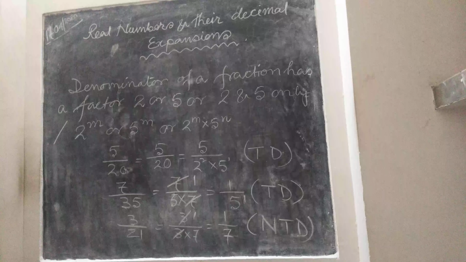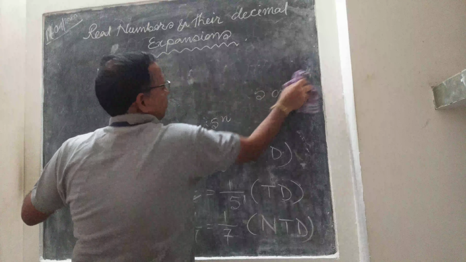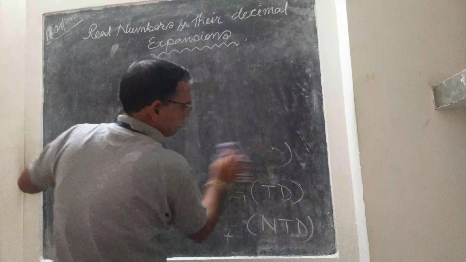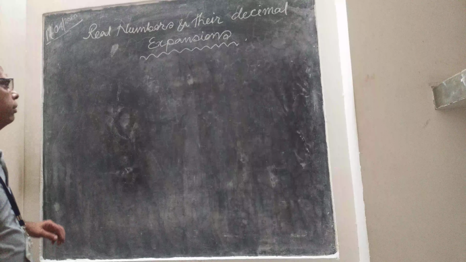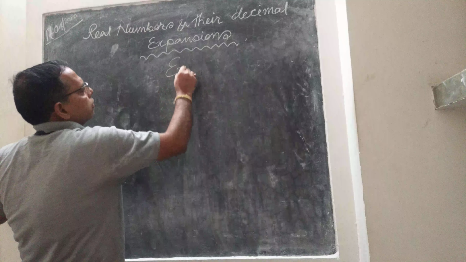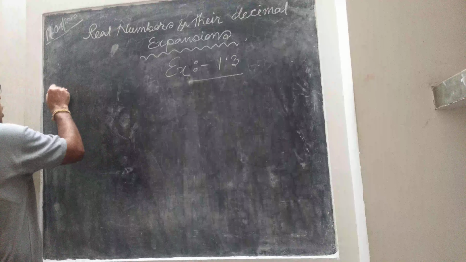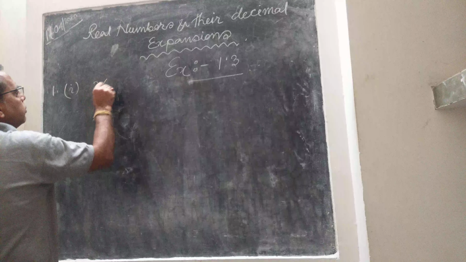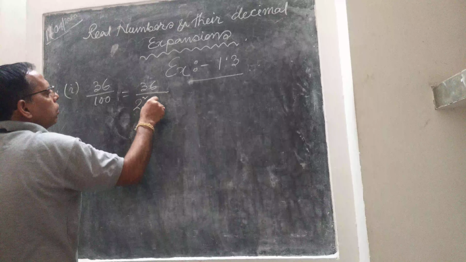So see, Exercise 1.3, question 1, part 1. 36 by 100. 36 over 2 square into 5 square.